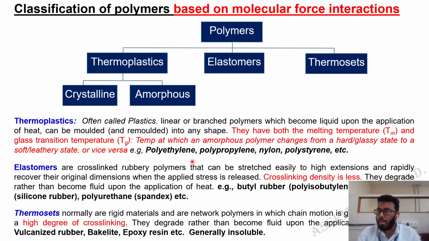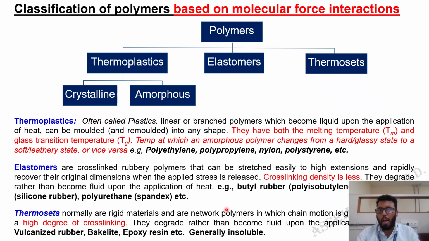This is one of the important properties of polymers, and it helps to widen their application. And elastomers, these are the type of polymers which are cross-linked rubbery polymers that can be easily stretched under high tension, and they can rapidly recover their original shape, like an elastic band, a rubber band.